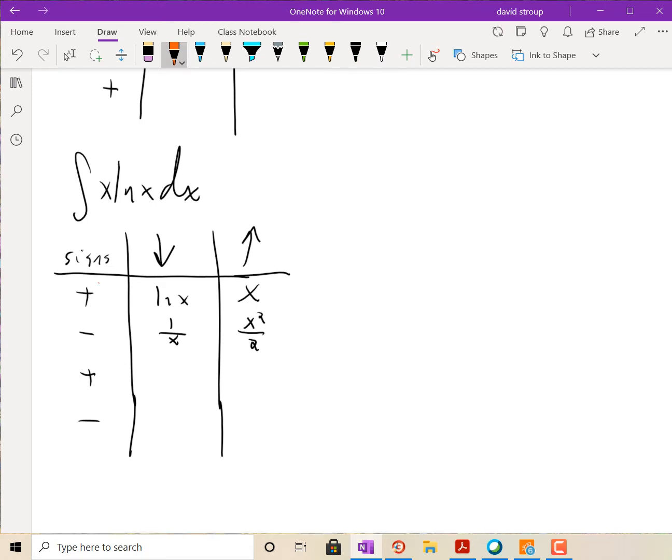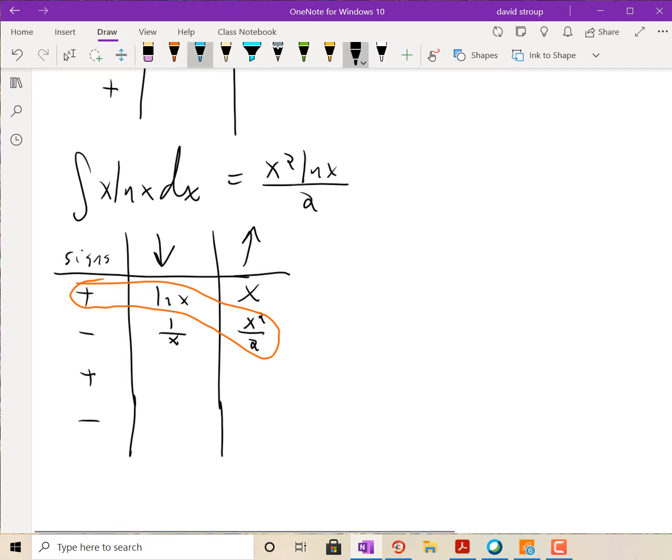So after you do that, you're going to immediately write down this term. Okay. So you'll get positive x squared ln x over 2. And then you ask yourself if you can integrate this row. Okay. I can.